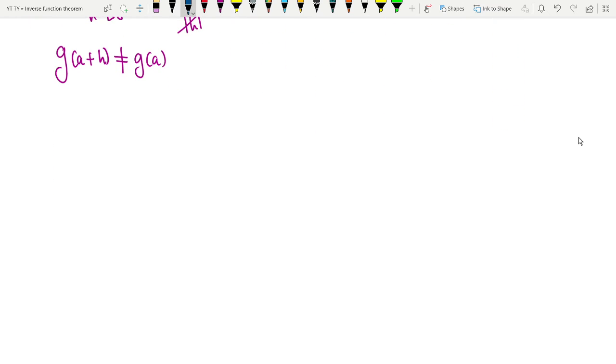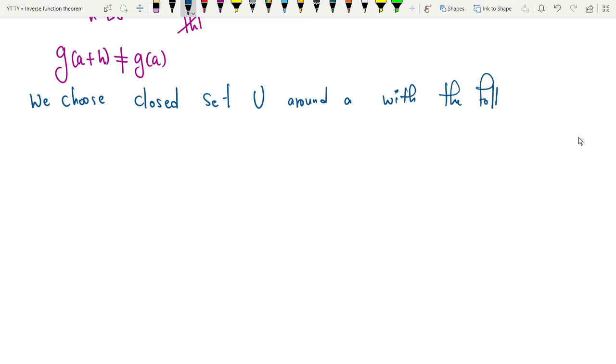So we choose a closed set U around a with the following conditions. There are multiple conditions that need to be satisfied by this set U. The first condition is that g(a) must not be equal to g(x).